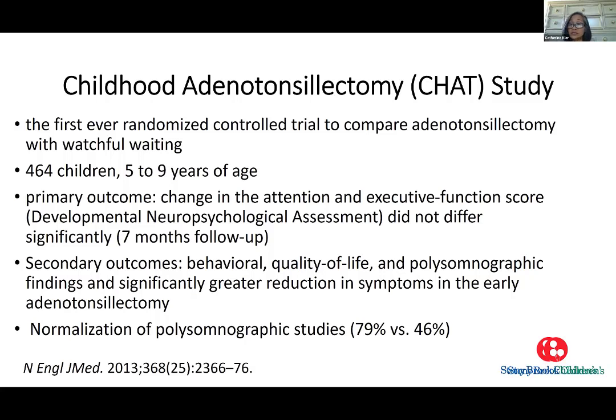So it's a good study. It's close to 500 patients with an age range of 5 to 9 years. The primary outcome that they looked at was neuropsychological testing, so it's change in attention and executive function score.